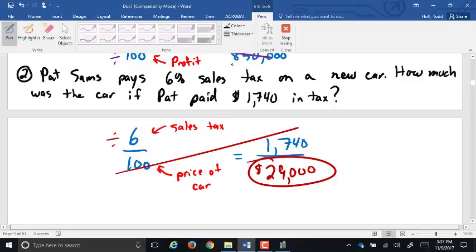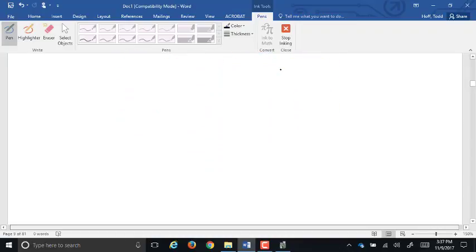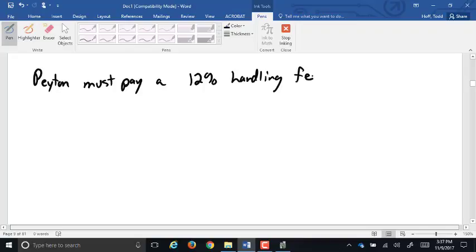Okay, so where we left off on Tuesday was talking about what happens if they aren't a simple percent question. What happens if it's something like this? Peyton must pay a 12% handling fee on all orders.